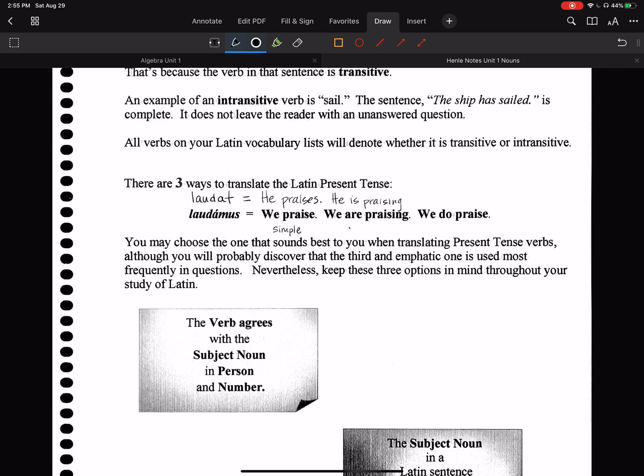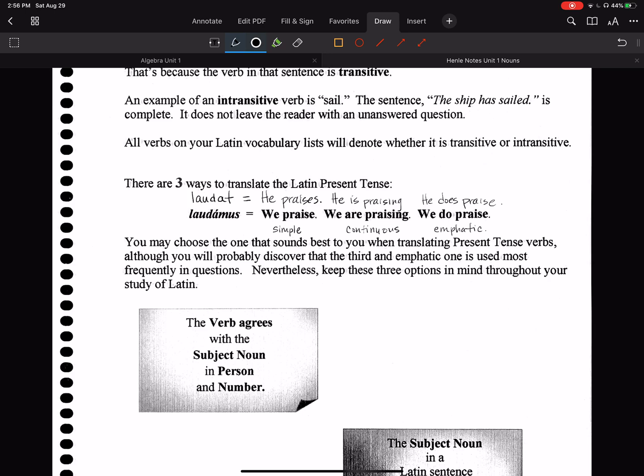This would be the continuous translation. And then finally, there's one where you want to put a lot of emphasis and say, no, really, this is happening. Can you believe it? That's called the emphatic. So "he does praise." Really, I'm not lying. And so this is the emphatic translation.